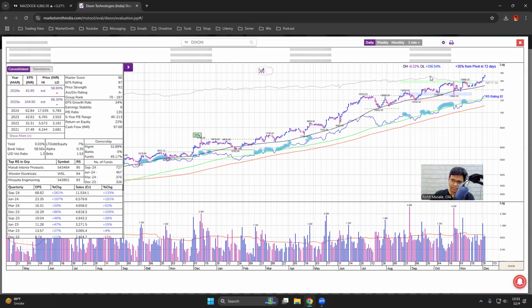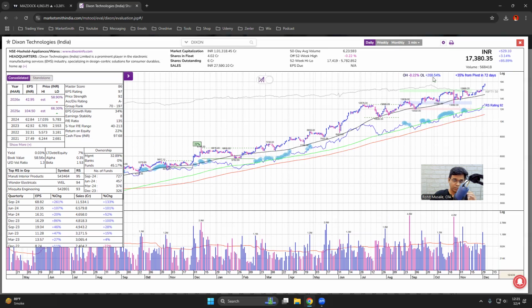If this number is less than 25%, that means probably you are trying to do bottom fishing, which is very risky. 25% ensures that the stock has already recovered. It has probably gone into stage two. You have to check the moving averages for that. And if that is the case, if it has gone above 25%, that stock should be under your consideration.